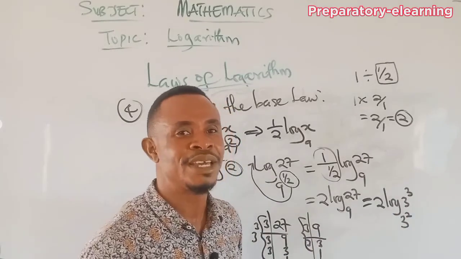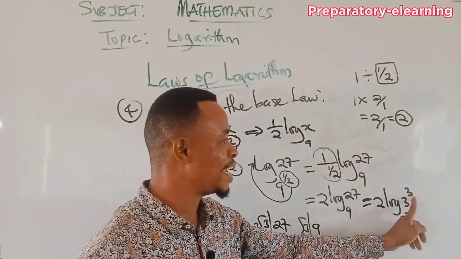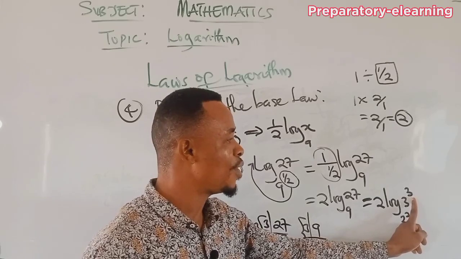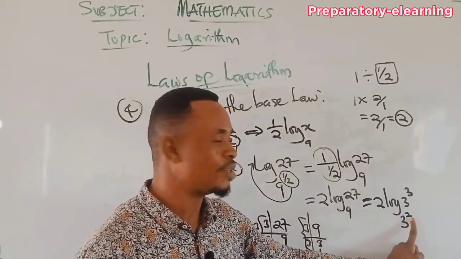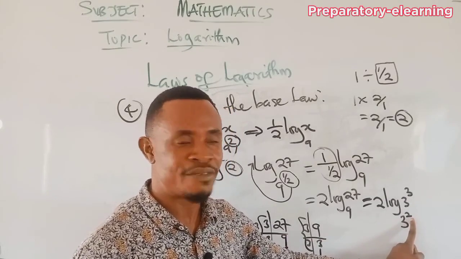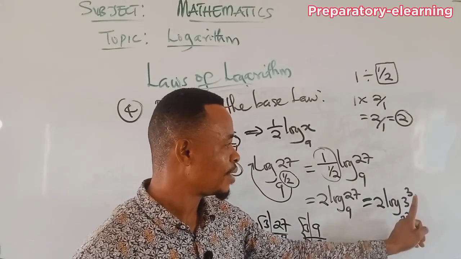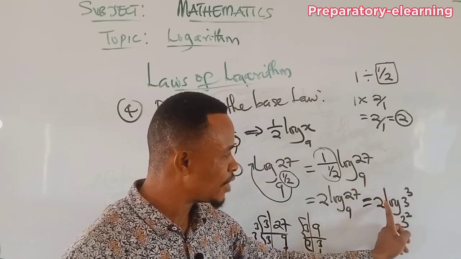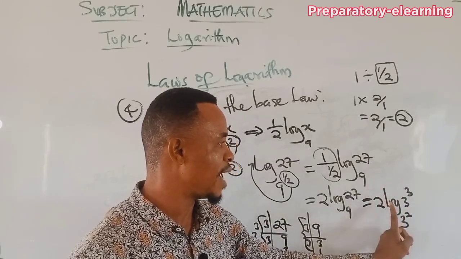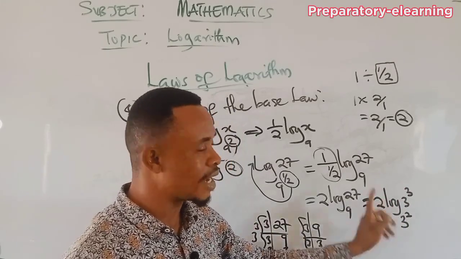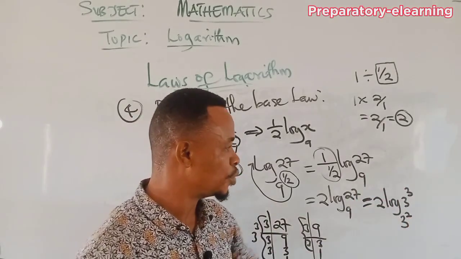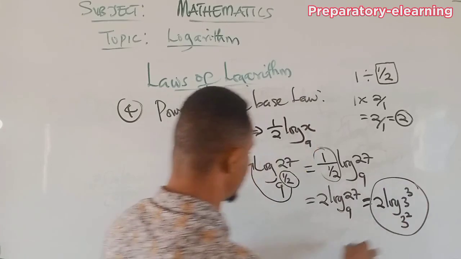It is still the same thing. It is still by applying the same law when you have power on the number, and the same law when you have power on the base. For this, move it exactly the way it is. You have here 3 behind the log. But for 2, as it is coming behind the log, it is coming as 1 over 2. Let's bring this solution to this side.